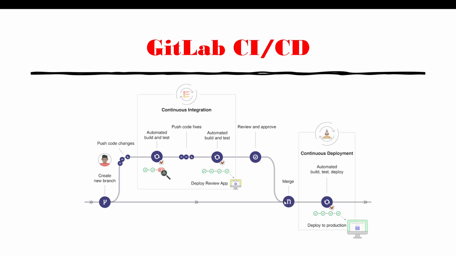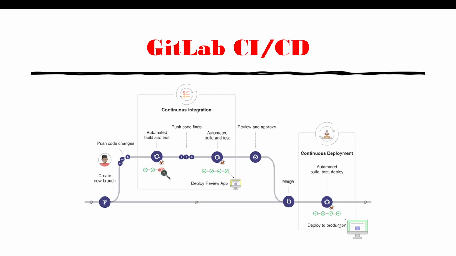Approve and merge happen when a merge request is created for the feature branch to the develop branch or any other branch. Once the approval is done, the team member merges the branches, and the pipeline again triggers, where the build, test, and deploy happens, and this is what we call continuous deployment.